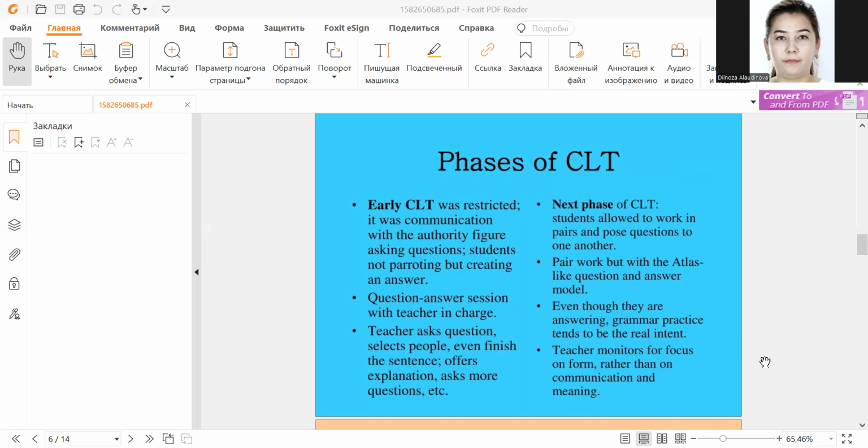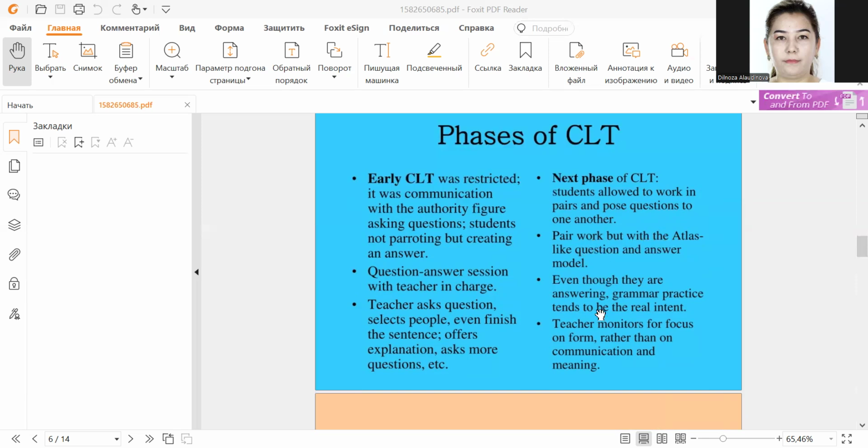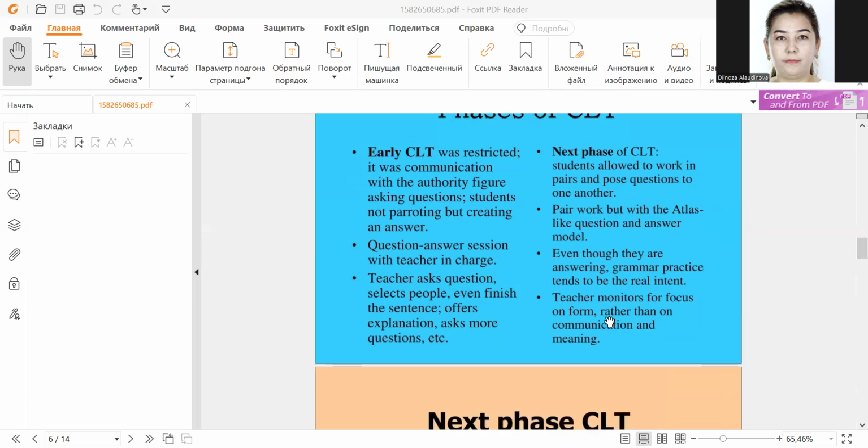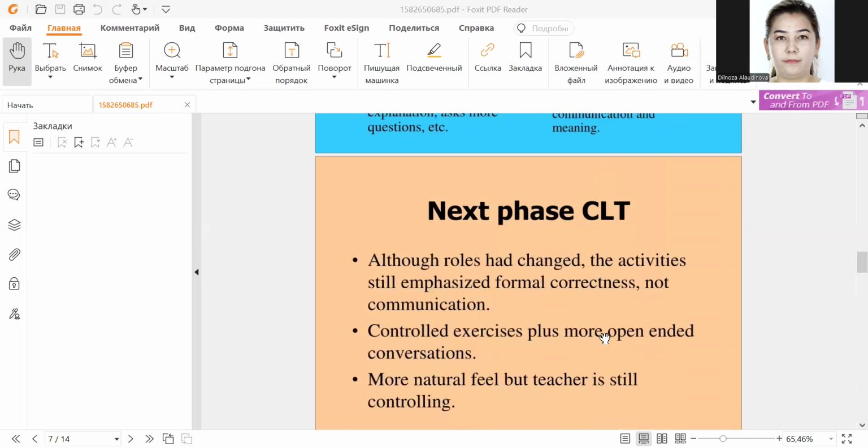Next phase of CLT. Students are allowed to work in pairs and pose questions to one another. Peer work, but with the Atlas-like question and answer model. Even so, grammar practice tends to be the real intent. The teacher monitors for focus on form rather than on communication and meaning.